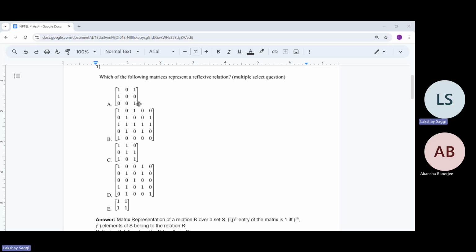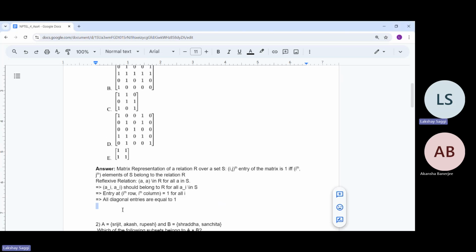So all diagonal entries are not 1 in option A. So option A does not represent a reflexive relation. In option B, we can see that all the diagonal entries are 1 except the last one. The fifth comma fifth entry is 0. So this is also not a reflexive relation because this entry is 0.